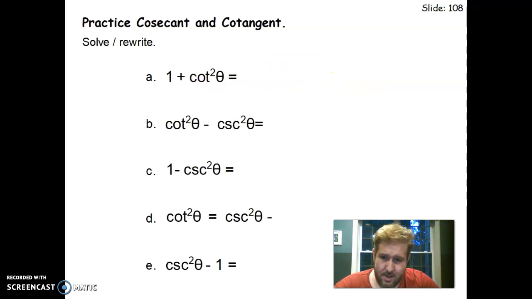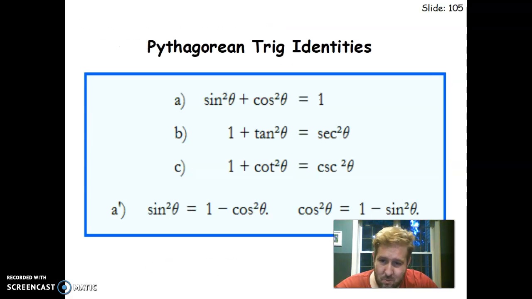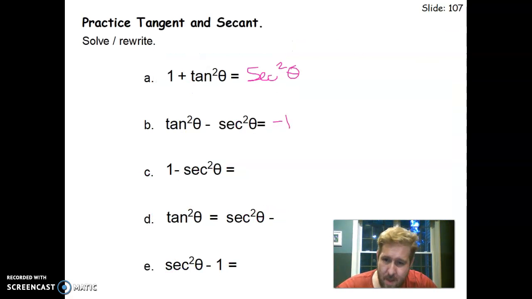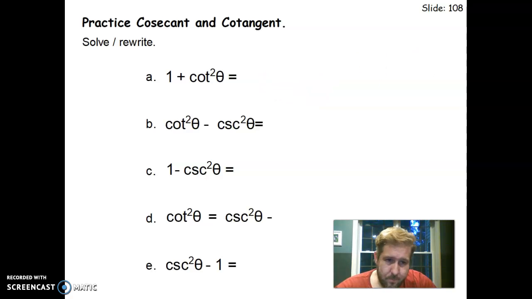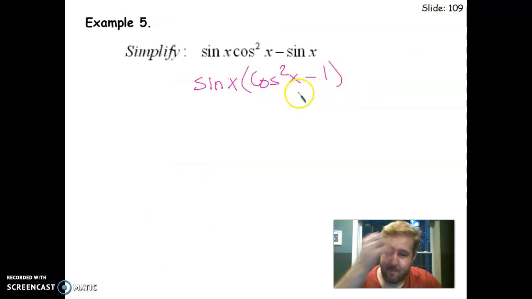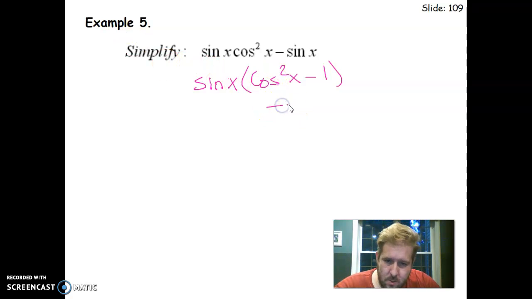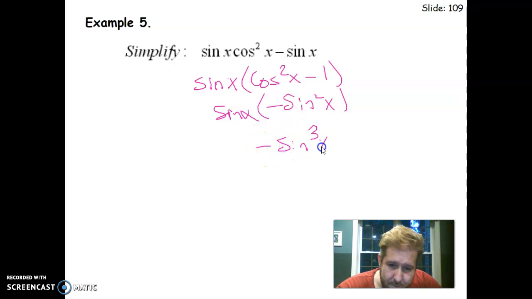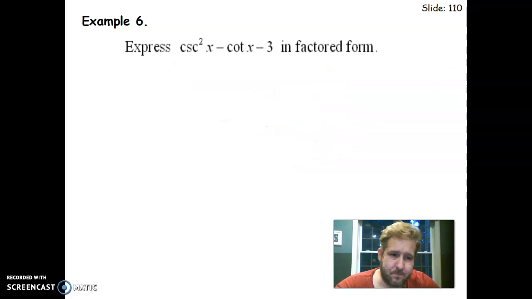Going back to that trig identity, cosine squared of x minus 1 is equal to negative sine squared of x. And then when I multiply that by sine of x, I get negative sine cubed of x. And there's my answer.